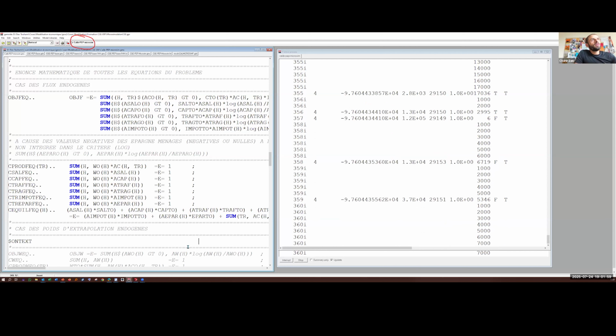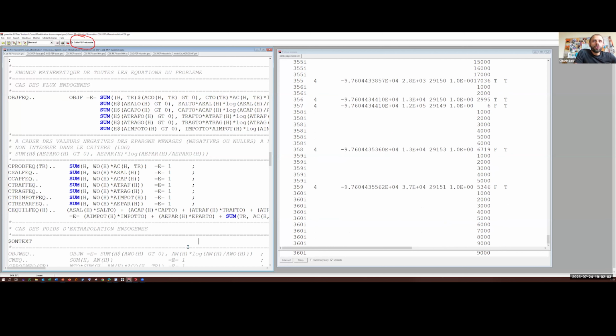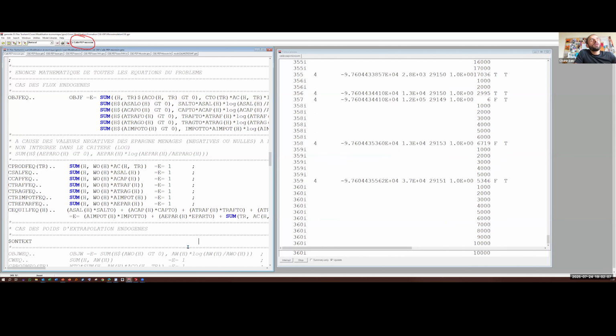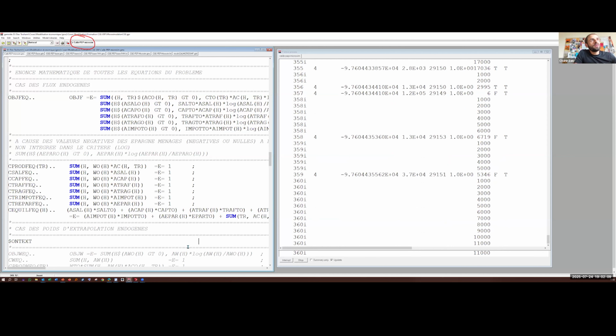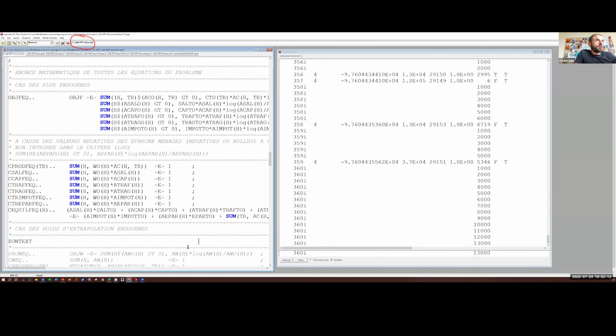So the more we understand the theory, macro and micro, behind, the more straightforward it will be and not really a black box. But it can be a black box if you don't understand the theory and if you just press on the button to get some results.